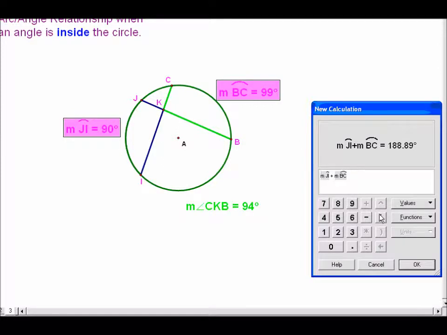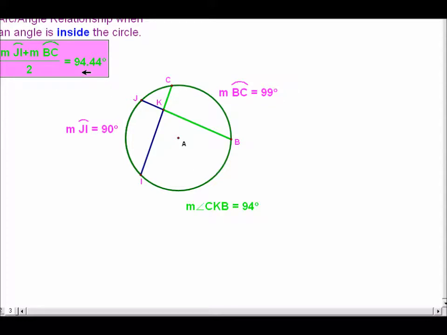We want to try to take an average, so let's throw some parentheses around that. We're going to add those together, and then divide that answer by 2. So we have the sum of the intercepted arcs divided by 2. That's an average. And what do you know? 94.44 degrees, which if we round to the nearest whole number, gives us exactly what we had for our angle measure.